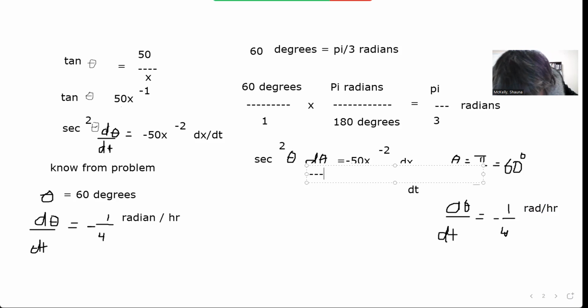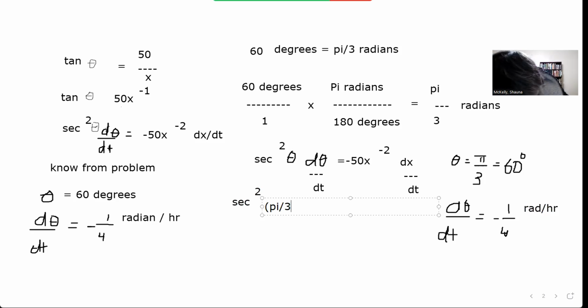I know what x is. So let's plug it in. So we're going to have the following: secant squared pi thirds, and then times d theta dt, which we know is negative 1/4, is equal to negative 50 x.